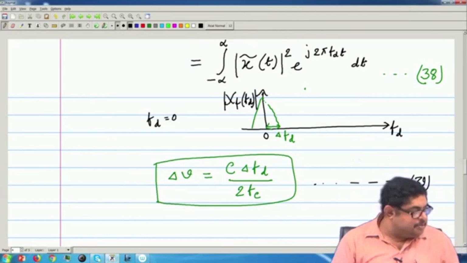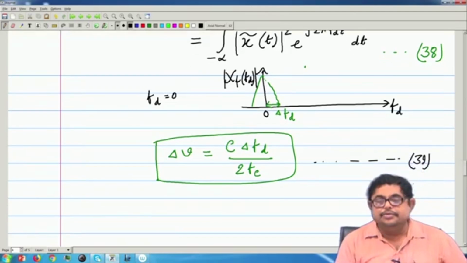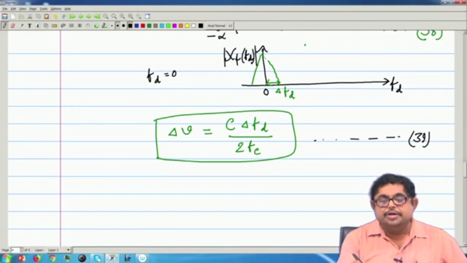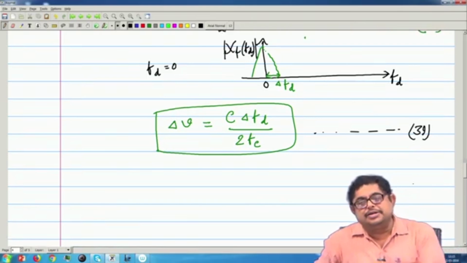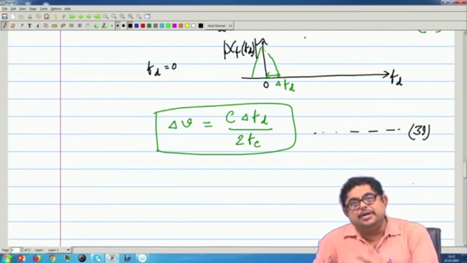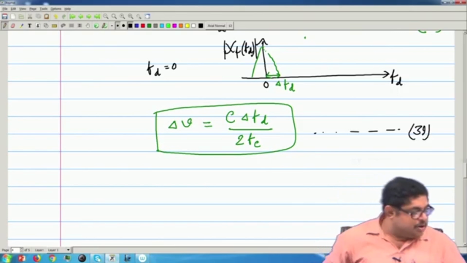So, now we will combine these two, because while understanding the range ambiguity function, we made the Doppler shift 0, that means the velocity 0. While making velocity 0, we made the range 0. Now, we should combine them.